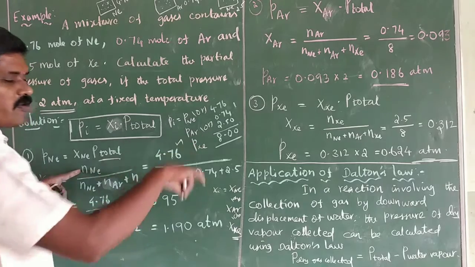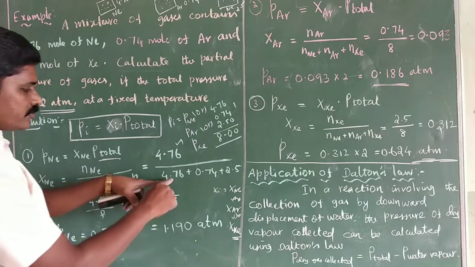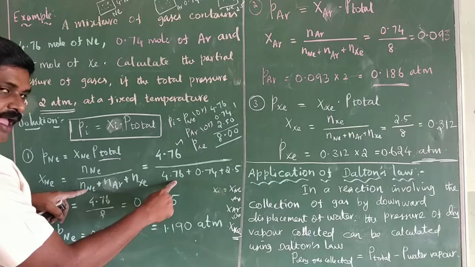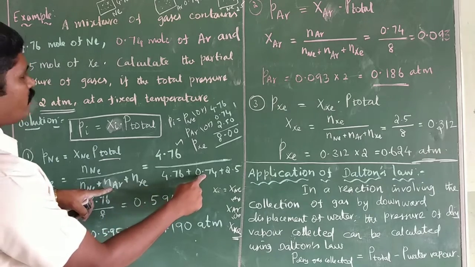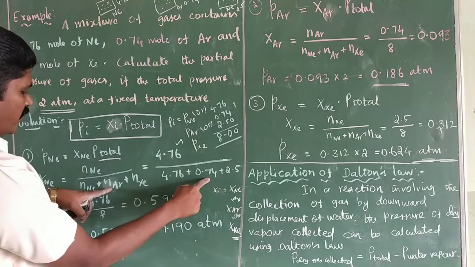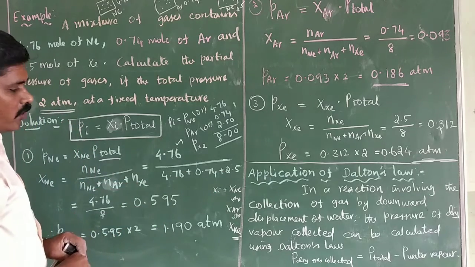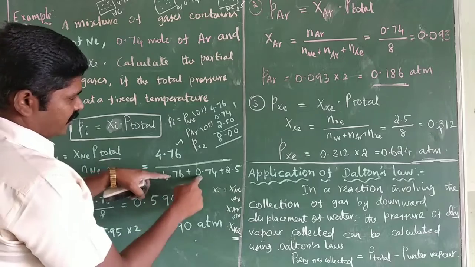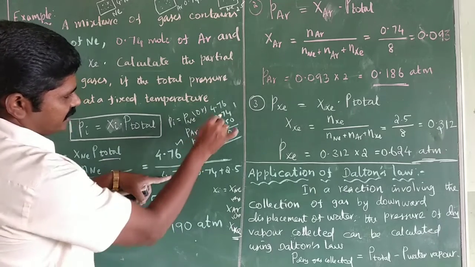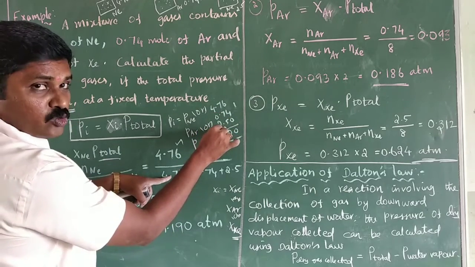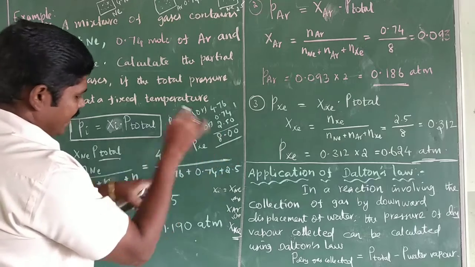Moles of neon 4.76, argon 0.74, xenon 2.5. So 4.76 divided by 4.76 plus 0.74 plus 2.50, which is equal to 8.